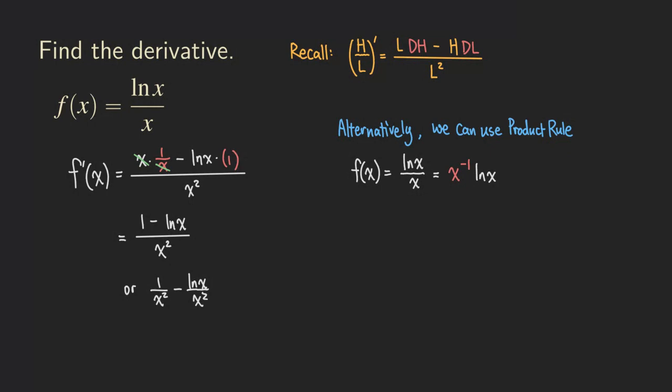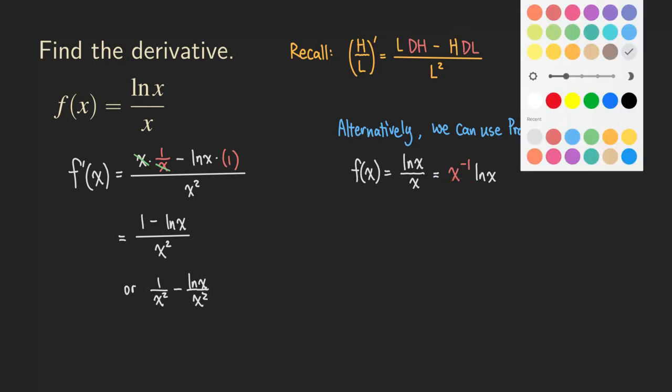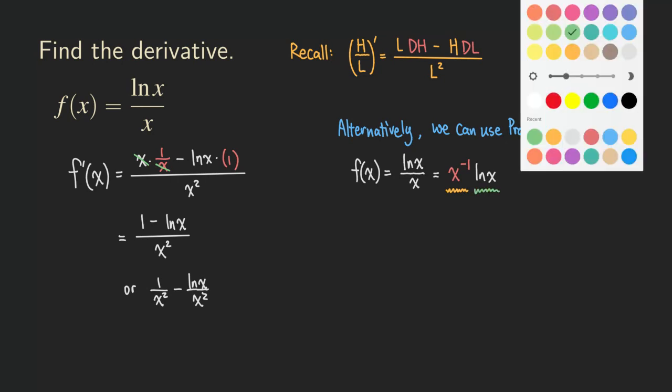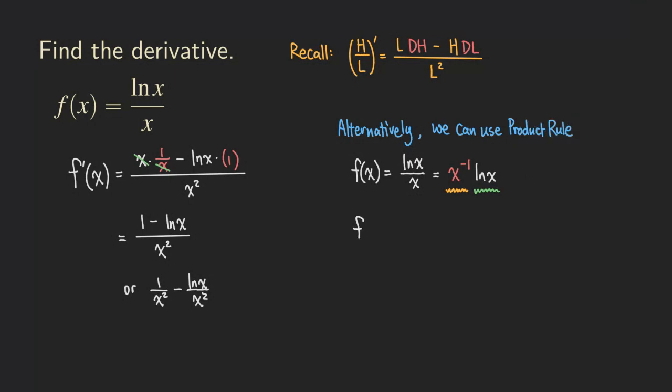Okay, so now what we are going to do is to do the product rule. We have two functions. One of them is this function, so x to the negative first power, and then the other function is going to be the ln x. Okay, so f prime would be equal to, now we take the derivative of the first function, and then we do not touch the second.